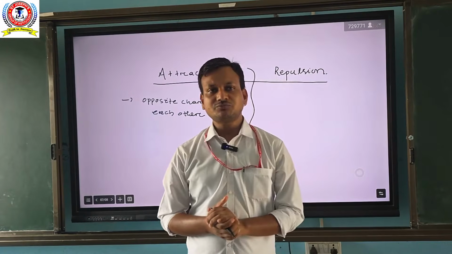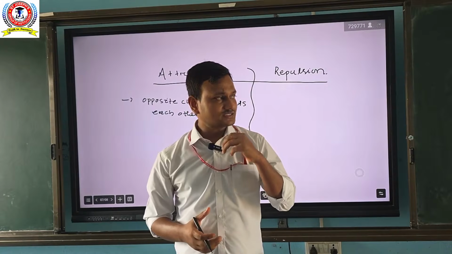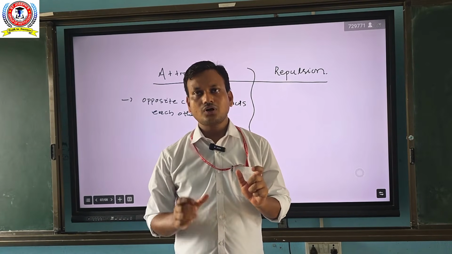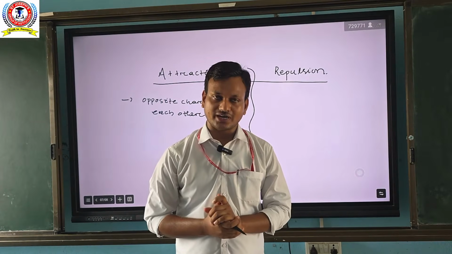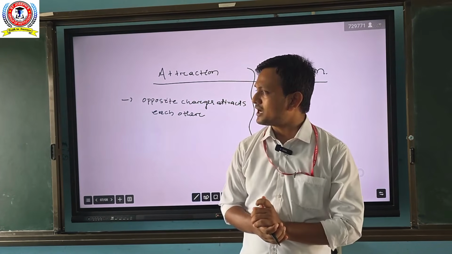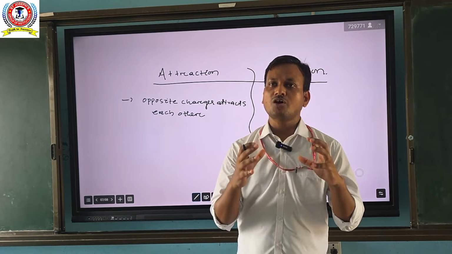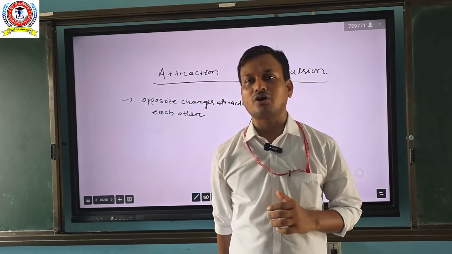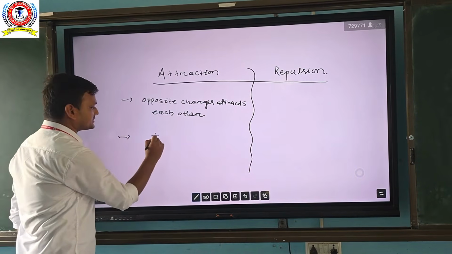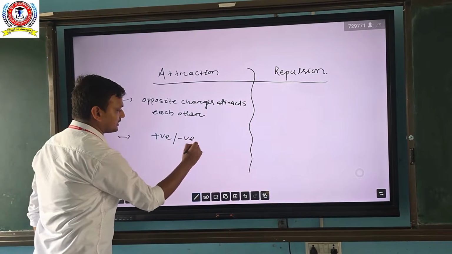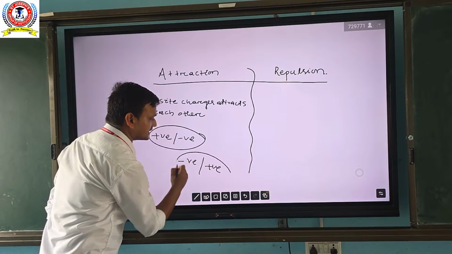Okay, now we come to the atom. Inside the atom, proton and electron are present. Proton has positive charge, electron has negative charge. When the number of positive charges becomes equal to the number of negative charges, the atom is neutral. Opposite charge means either positive and negative, or negative and positive.